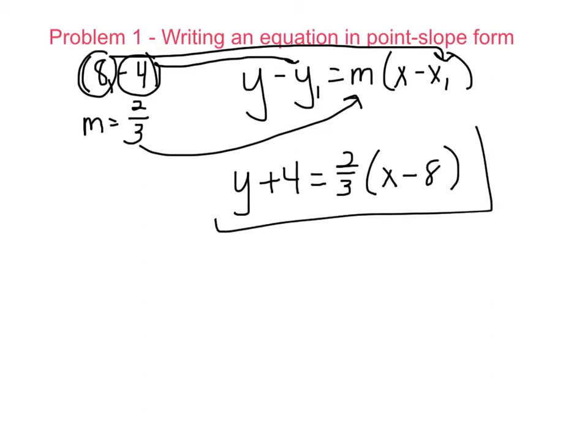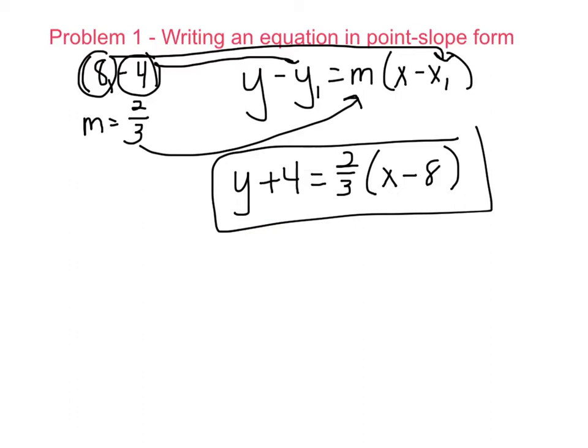That's it. You are done. You just wrote an equation in point-slope form. Now, if you actually wanted to go further, you could distribute the 2/3 and then subtract the 4 and then put it in slope-intercept form. But we don't need to do that because it didn't ask us to. So we have an equation written in point-slope form.